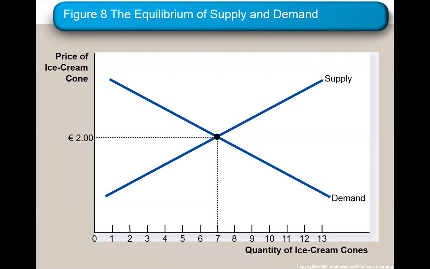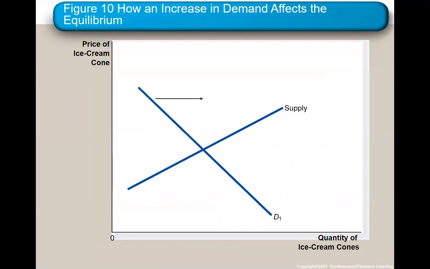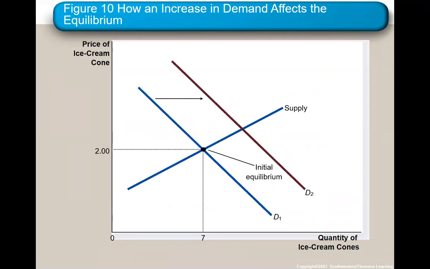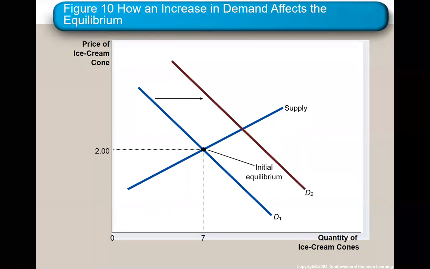So maybe I have a shifter here. Okay, it's a shifter of demand. Say income doubled, I shift demand, price goes up, quantity goes up. Okay.